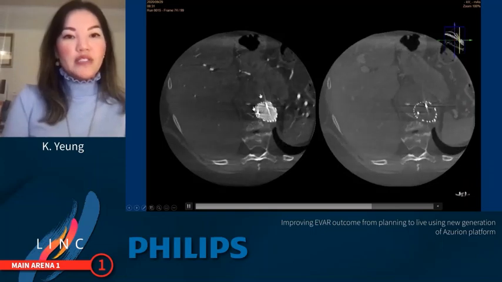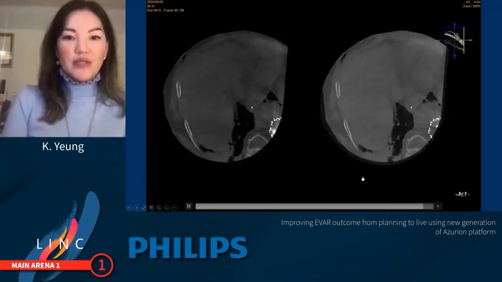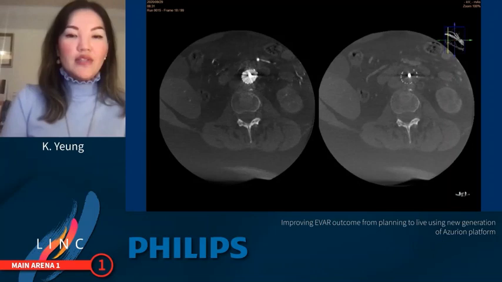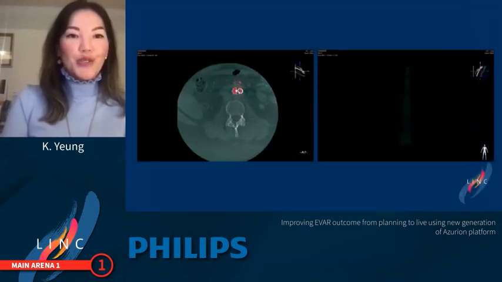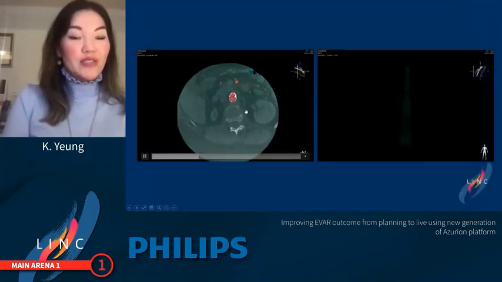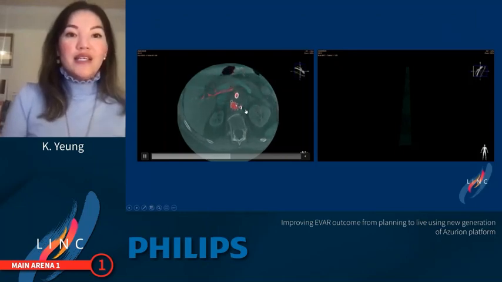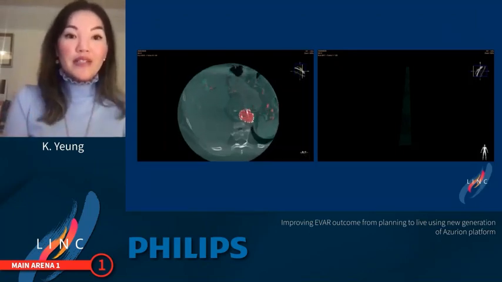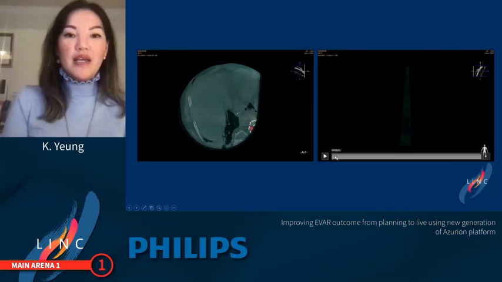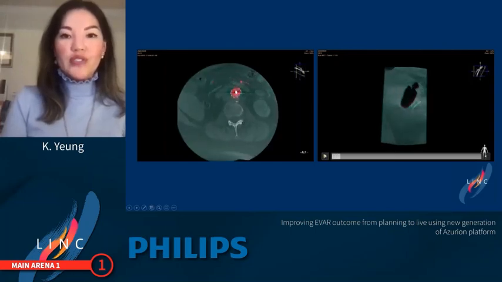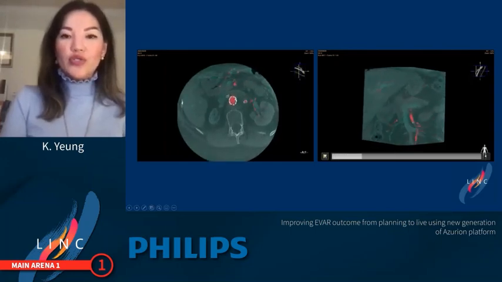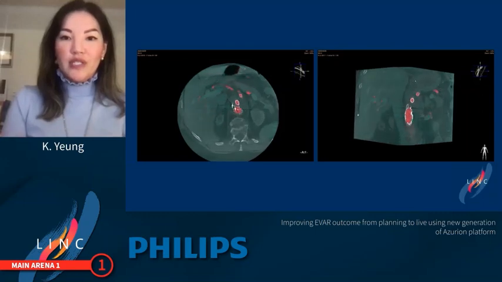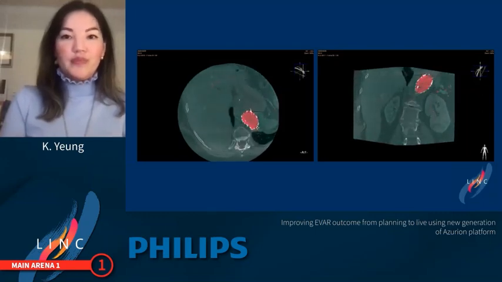There was no endoleak and a very good realignment in our case. And there's an option to show the contrast in red color, like blood, to visualize even better the endoleaks and the perfusion of the organs. There is also an option to view it in another view, like the coronal view.